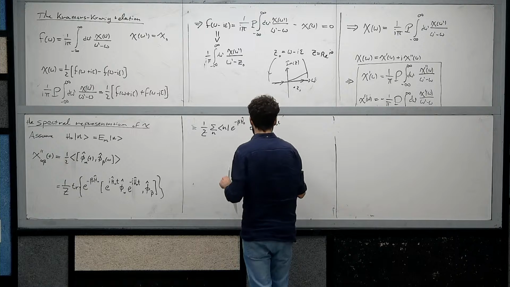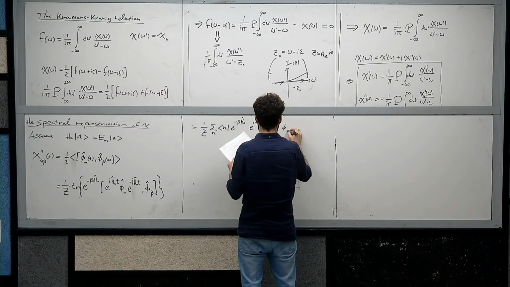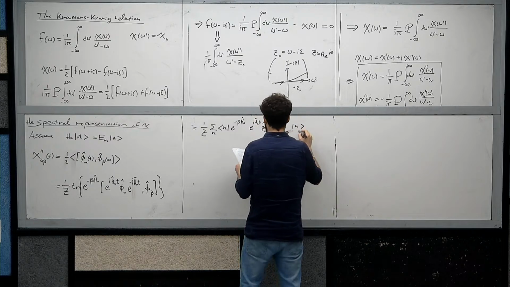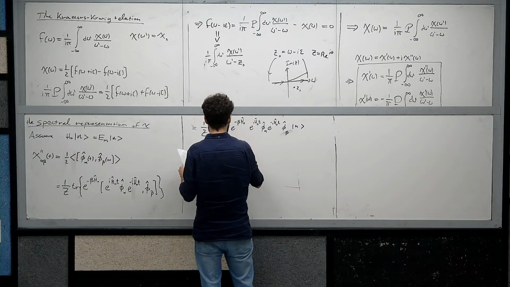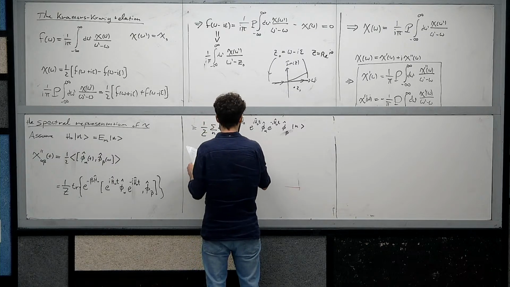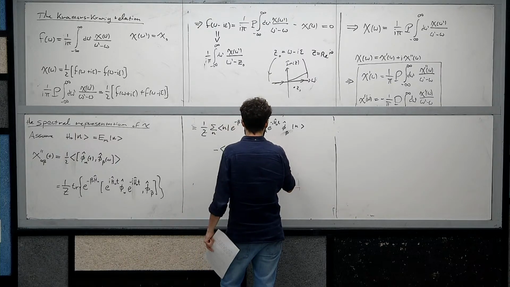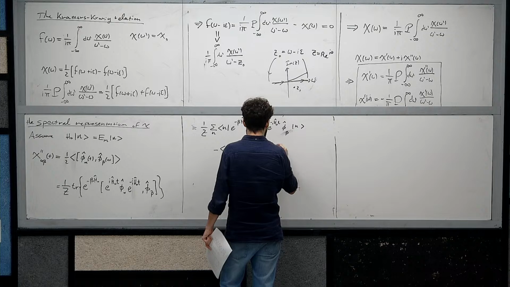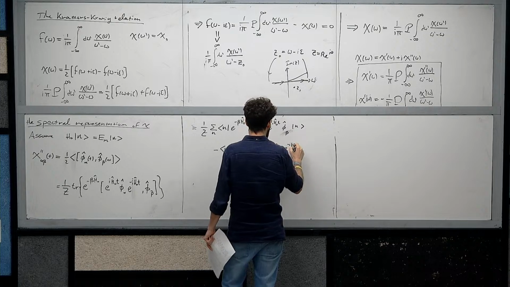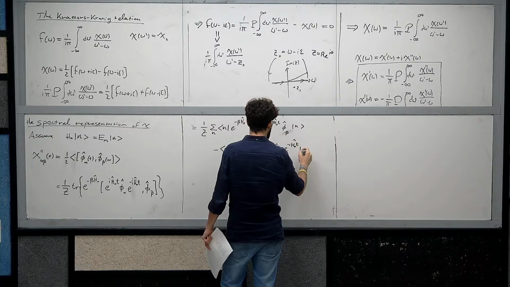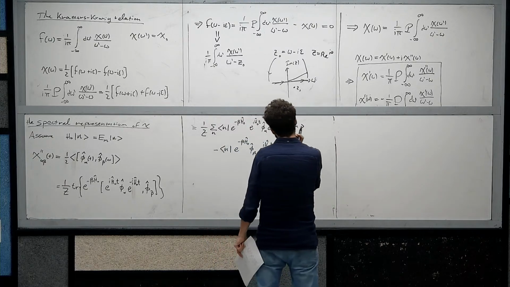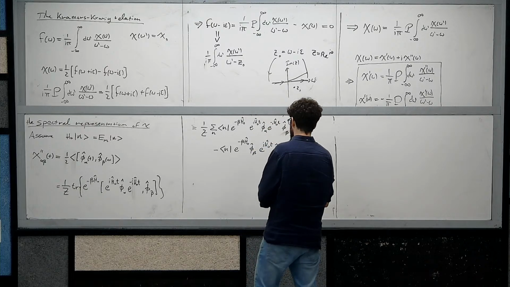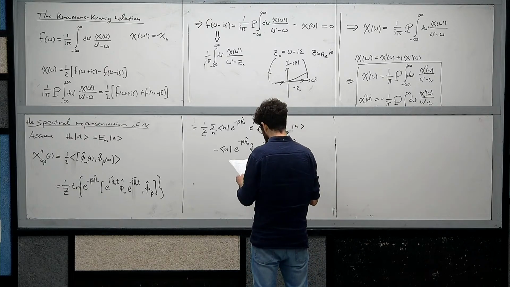Maybe that's right, like this. Then we have phi beta n minus sum over n e to the minus beta H naught phi beta e to the i H naught t phi alpha e to the minus i H naught t. Now what I'm going to do is I'm going to insert a complete set of states.